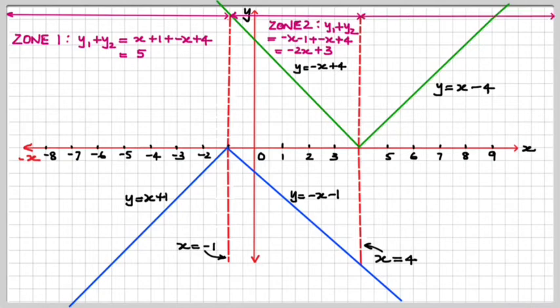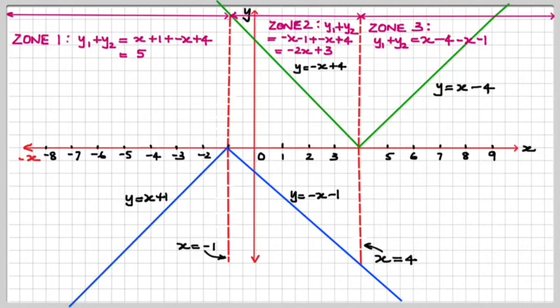This is zone 3, which is everywhere to the right of where x equals 4, ladies and gentlemen. Now for zone 3, we know that y1 plus y2 equals, now the situation is different again because this green graph is morphed into the x minus 4 graph, while the blue graph is still what it was in zone 2, like minus x minus 1.